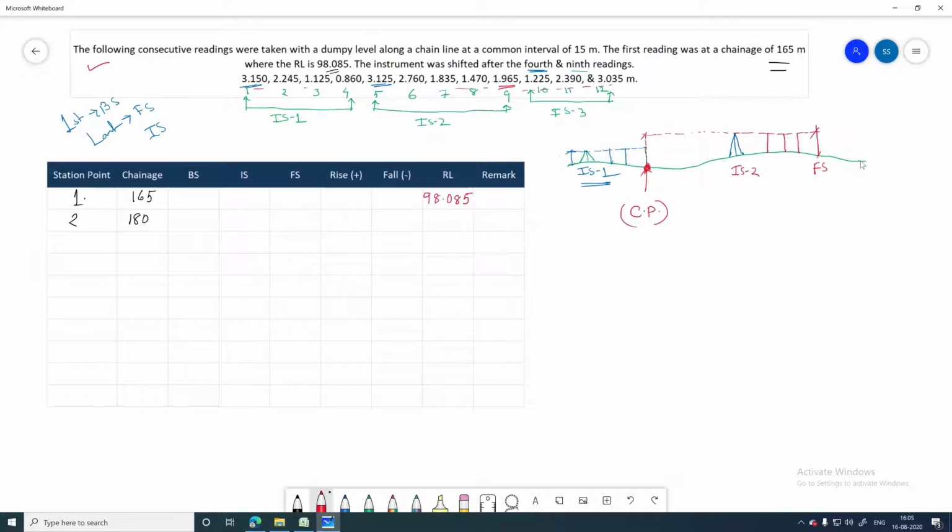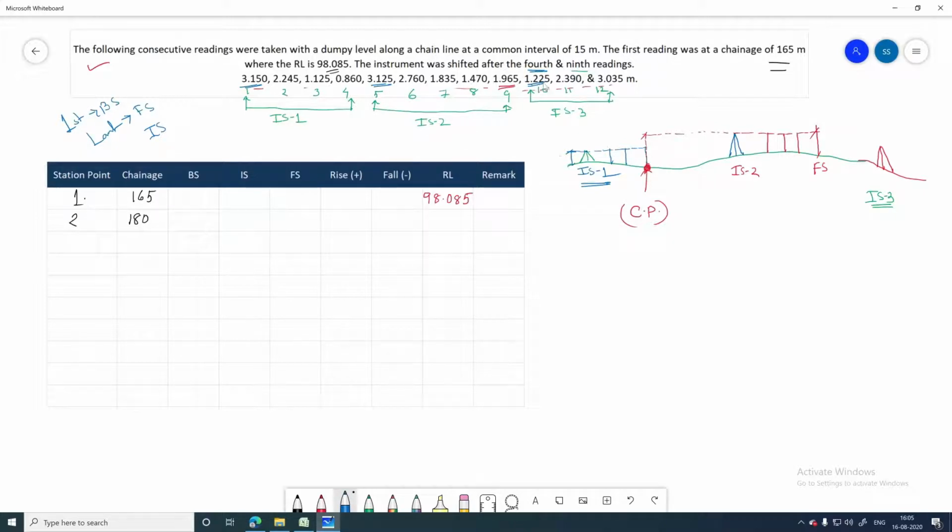Now similarly consider we have another instrument station here, instrument station 3. From instrument station 3, this is the backside reading, that is 1.225.